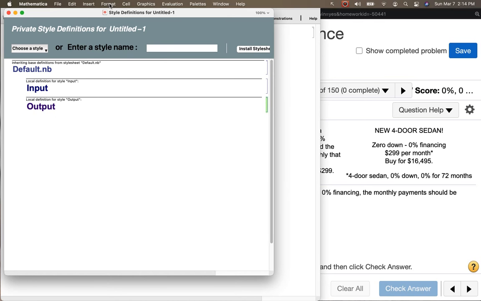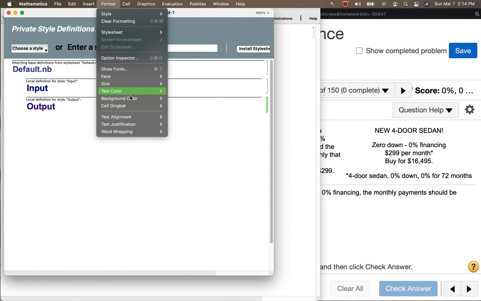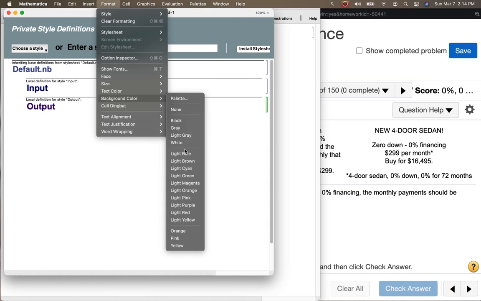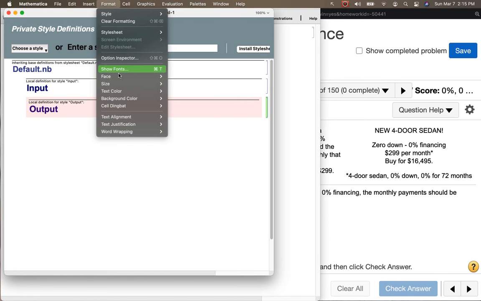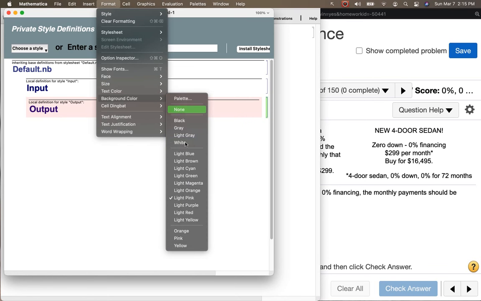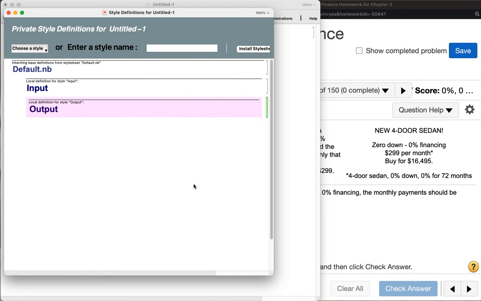And I want to give my output a background color. So background color could be, how about light pink? Or you know what, I prefer magenta. How about light magenta? There we go. That's very pretty.